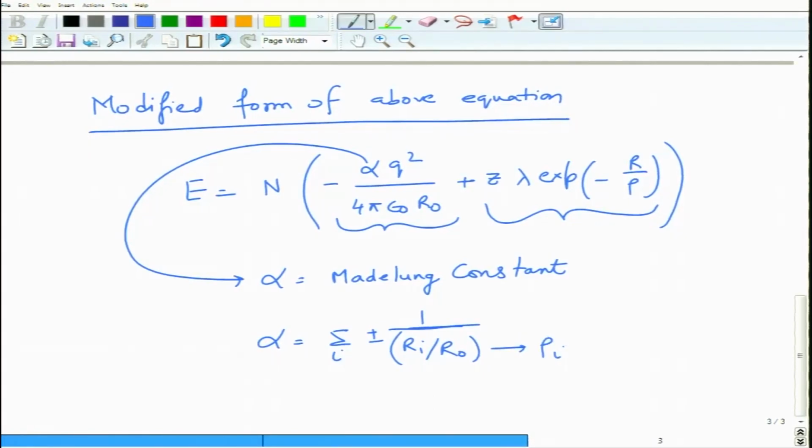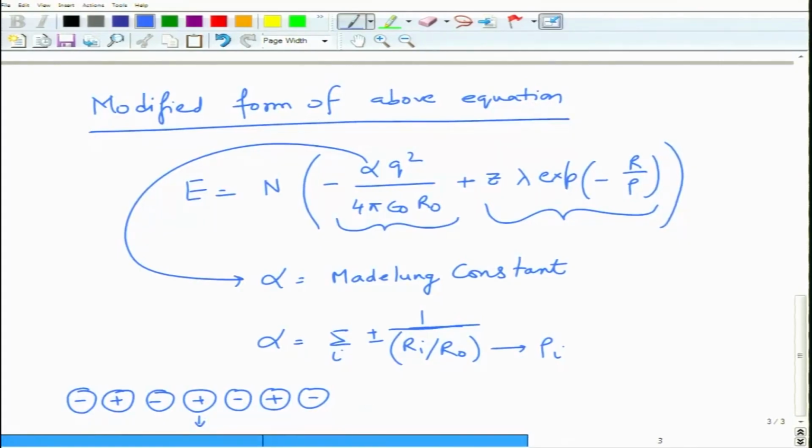So the Madelung constant alpha is a constant which depends upon the interaction between the ions. For example, if this is a reference ion, let us say a positive ion, then you are going to put all these ions in this fashion. So you can make a 1D case of this ensemble of ions and calculate the value of alpha if you choose this as a reference for all the neighbors.